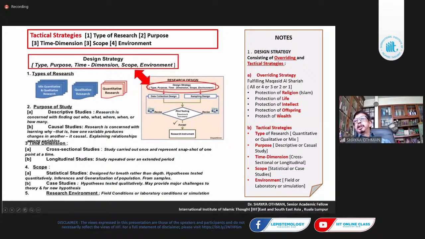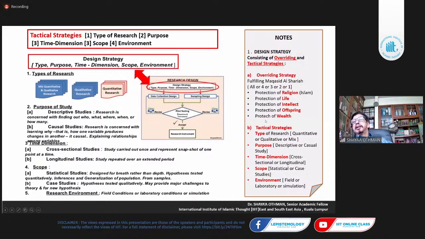And protection of offspring, protection of resources. I mean, it should be renewable. It should not destroy the wealth of the nation. These are examples of the research tactical strategy. We fulfill this. So make sure whatever you do, your research should fulfill this overriding strategy of maqasid al-Sharia.